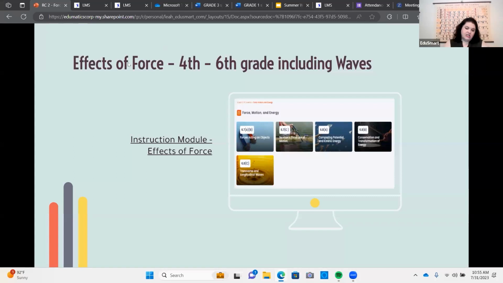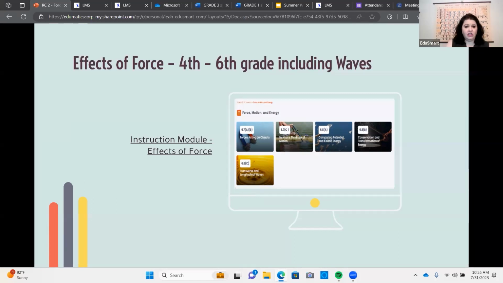So we talked a lot about the effects of force. This is a tricky one. So it starts really in third grade, where it says demonstrate and describe forces acting on an object. It continues through fourth, fifth, and sixth to build up to understanding Newton's laws. So I'm going to show you the instruction module here, because this is a sixth grade instruction module on the effects of force.